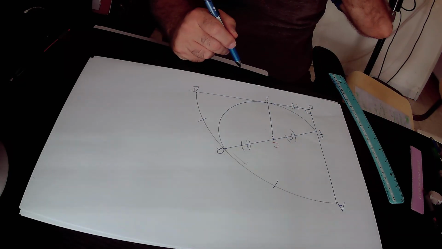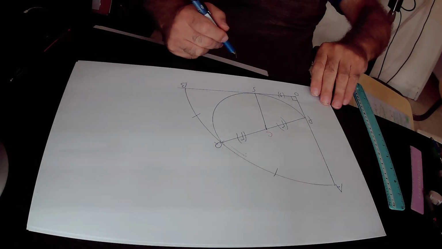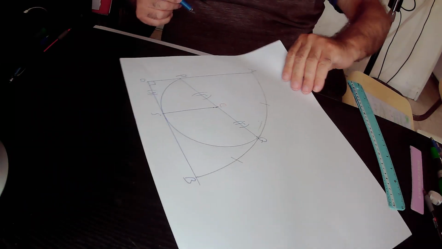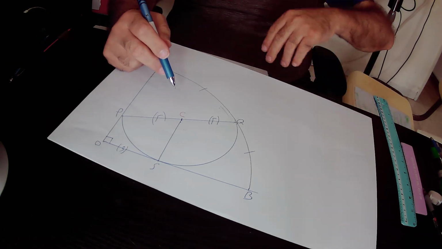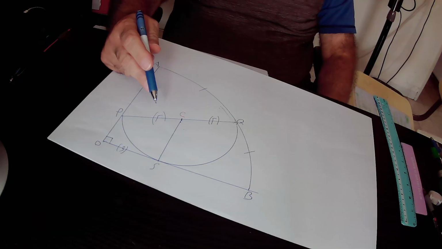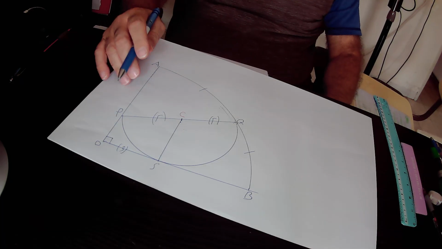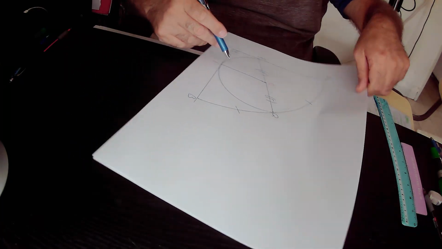Point C is the center of the semicircle. Point S is a point on the semicircle itself. Therefore, CS is the radius of the semicircle. It equals R according to our definition.